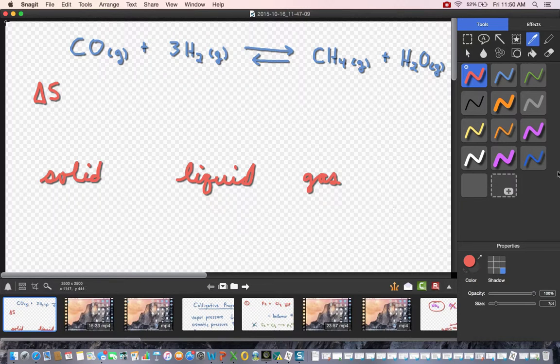So let's imagine that we have copper, for instance. In the solid phase, the copper atoms are very close together. They're obviously more dense, and they don't have a lot of molecular motion other than very slight vibrations.